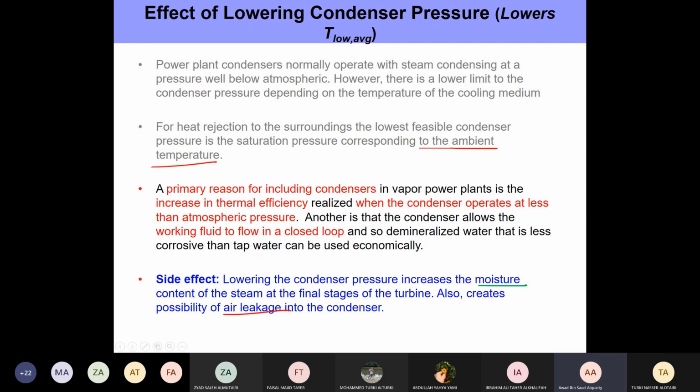But this is a problem you can deal with very easily: you can just use a good sealant and fix it. But you cannot really fix the problem with the moisture content, and you are certainly limited by ambient temperature, which is not a huge problem, but yes, it's a limit that's there. This is what we had discussed primarily in the last class. Any questions here?